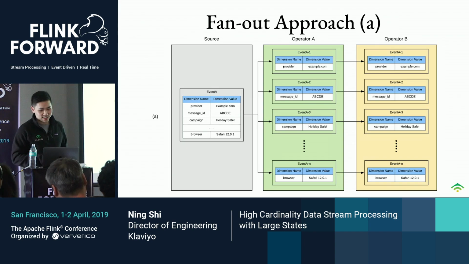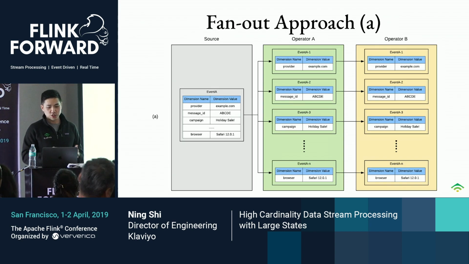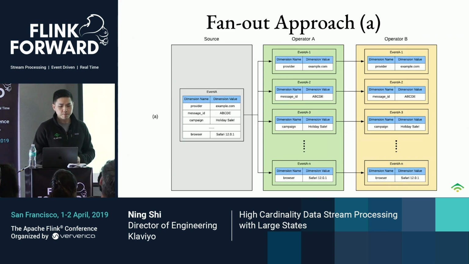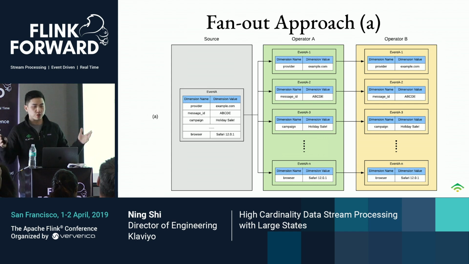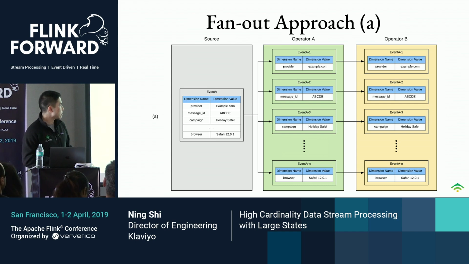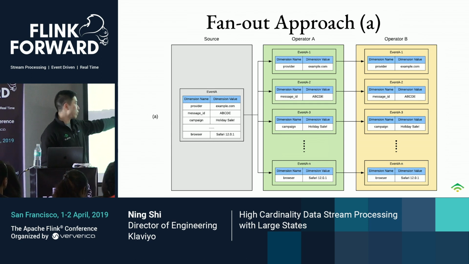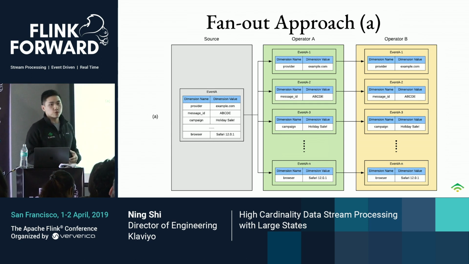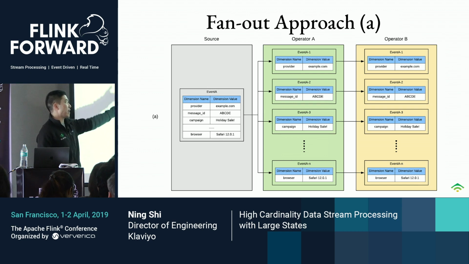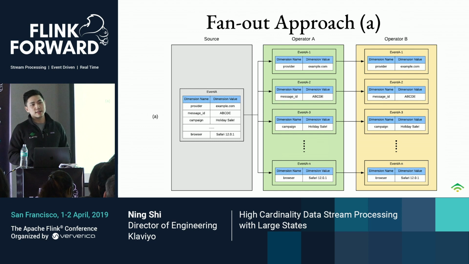The second thing I want to share on logic or code changes has to do with the high fan-out ratio. Imagine the same event that we were seeing with different dimensions. One way to handle it in a Flink job is that once you consume this in the source, you can use a flat map to split all these different dimensions into smaller events, where each event contains a single dimension.